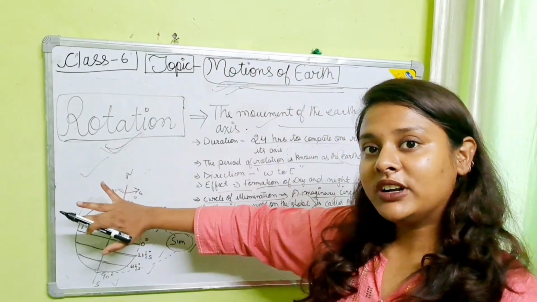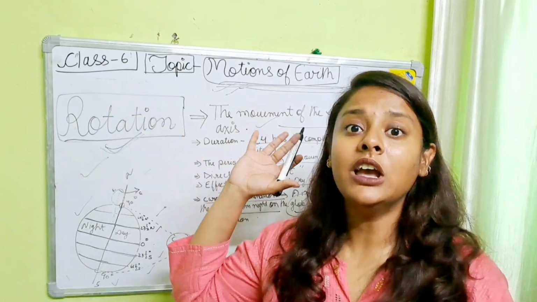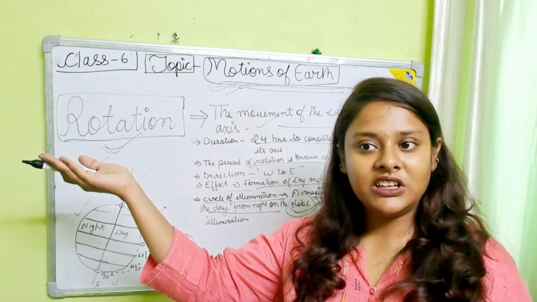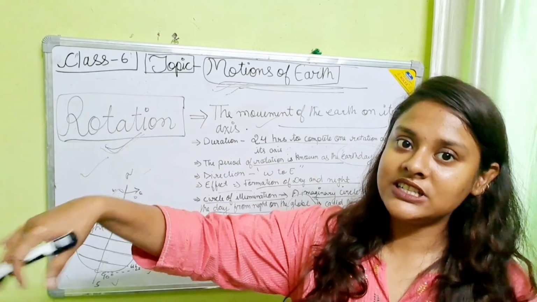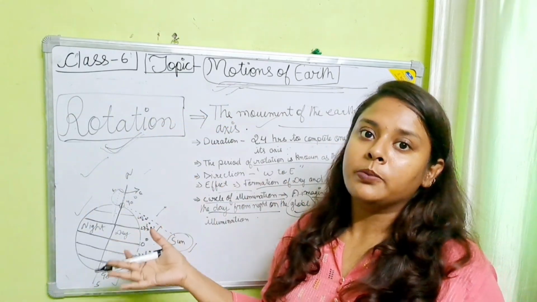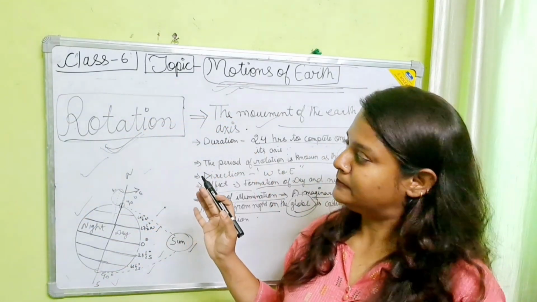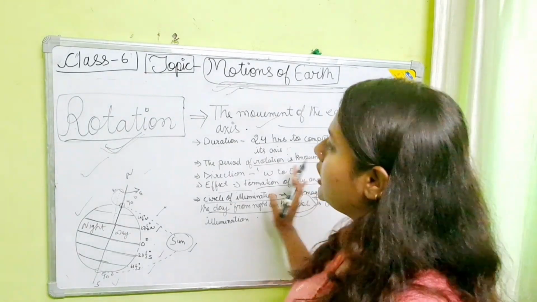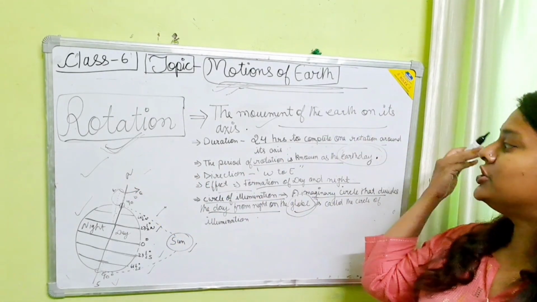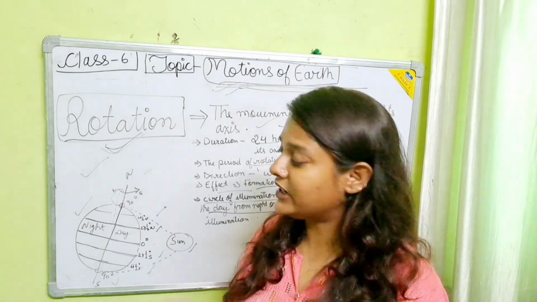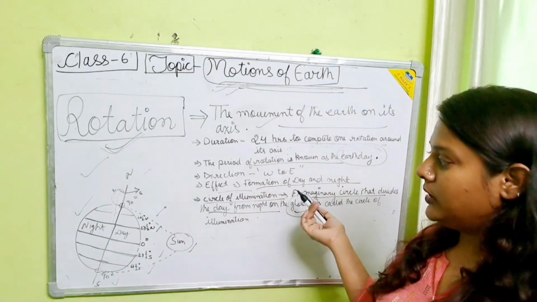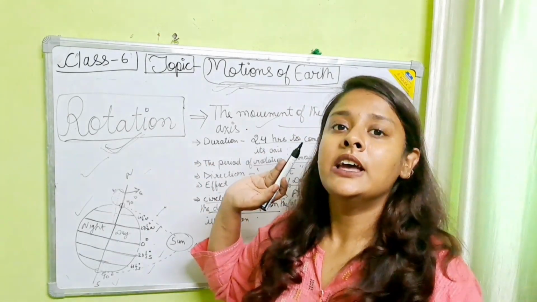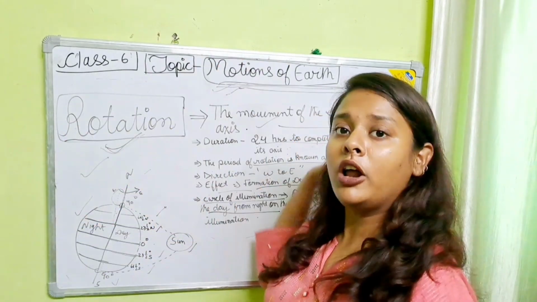If the Earth stopped rotating, life would not be possible, because the area receiving the sunlight would be hot and the area not receiving it would be cold. I hope it is clear now what rotation is, its duration, period, direction, effect, and what the circle of illumination is. I hope it is clear from this diagram. That's all for rotation.